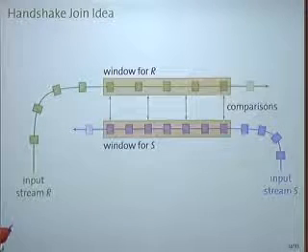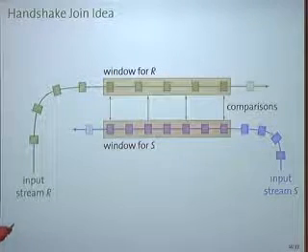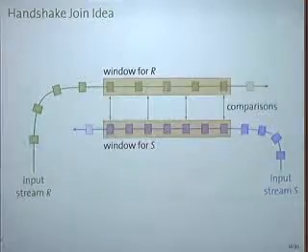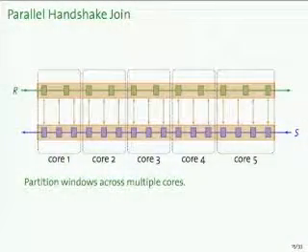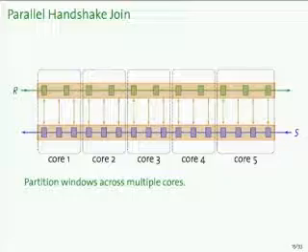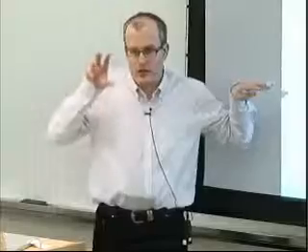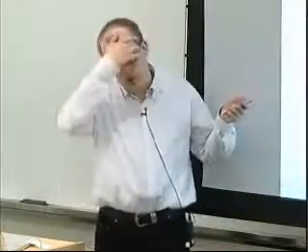So I have to explain how we do these comparisons and how we make this thing parallel. The idea is quite simple. We just partition the window across multiple cores. Cores may here refer to units within an FPGA, to cores like the SPEs you have on the Cell, or even to cores you have in a traditional multi-core.